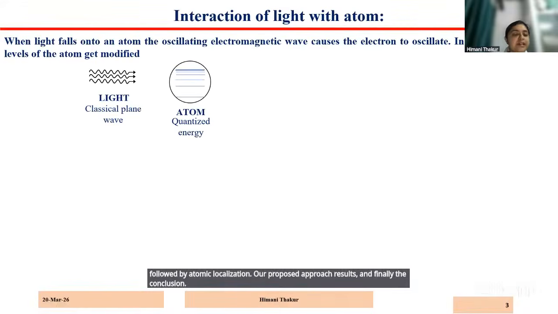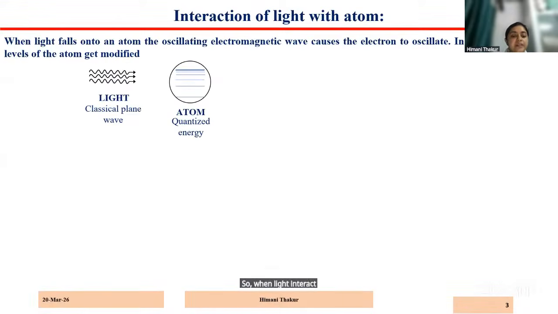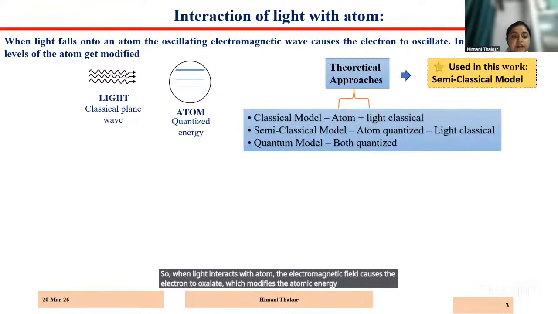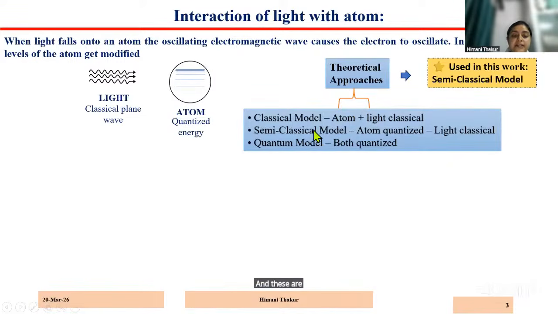So when light interacts with an atom, the electromagnetic field causes the electron to oscillate, which modifies the atomic energy levels. In the development of atom-light interaction, three different approaches are used to model it: classical, semi-classical, and purely quantum models.